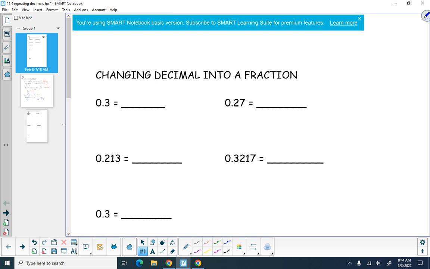And we're going to take a look at making a repeating decimal, changing it back into a fraction.